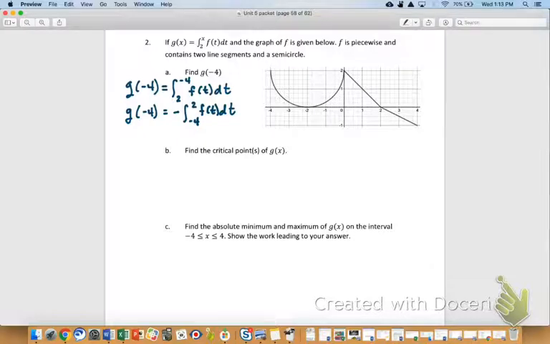Looking for a second step? I've got that up there too. I think it's an important one to do.